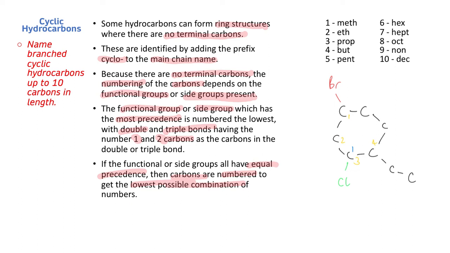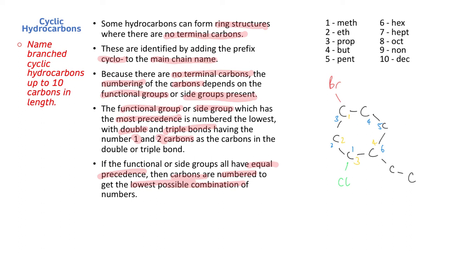If you put number 1 on the chlorine and go the other way, you end up with 1,3,6 rather than 1,3,4. So you should number them to get the lowest possible combination of numbers. That would be 1-bromo, 3-chloro, 4-ethyl cyclohexane.